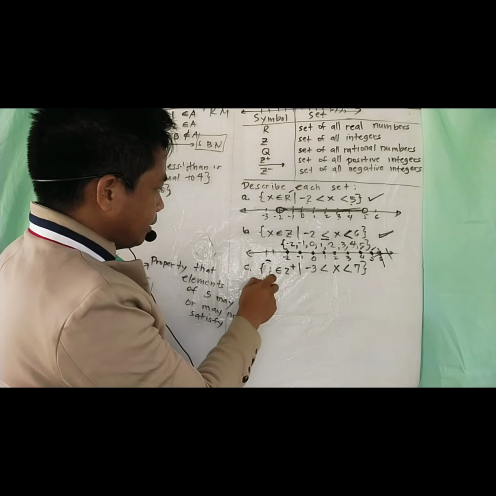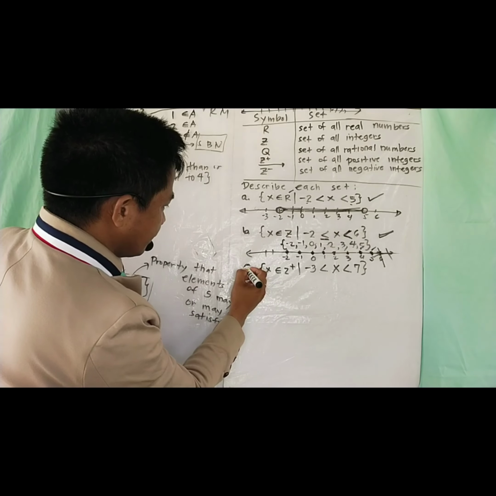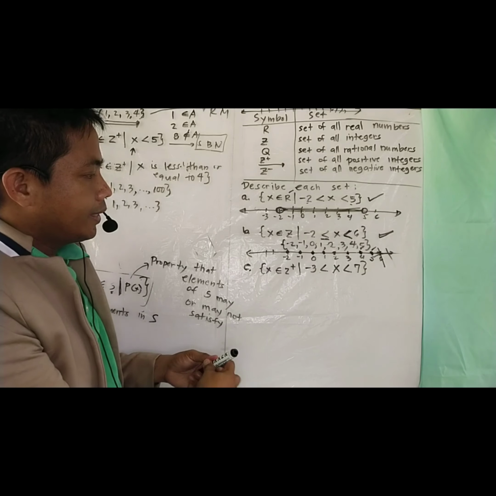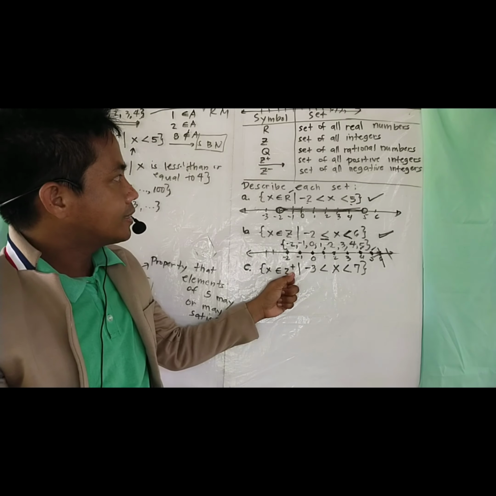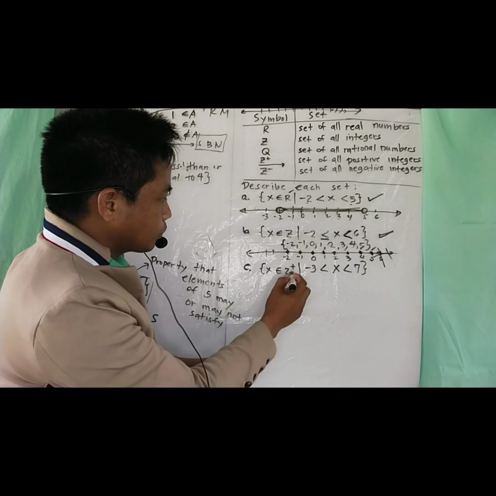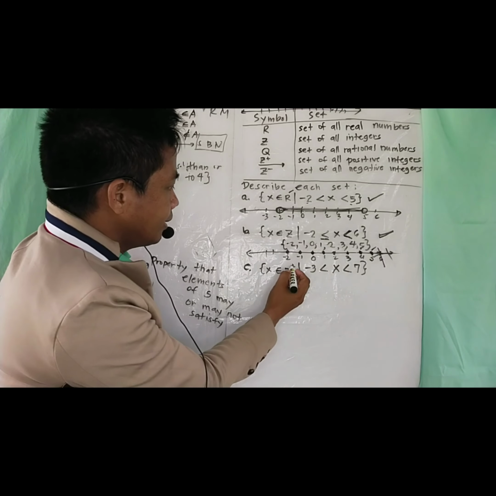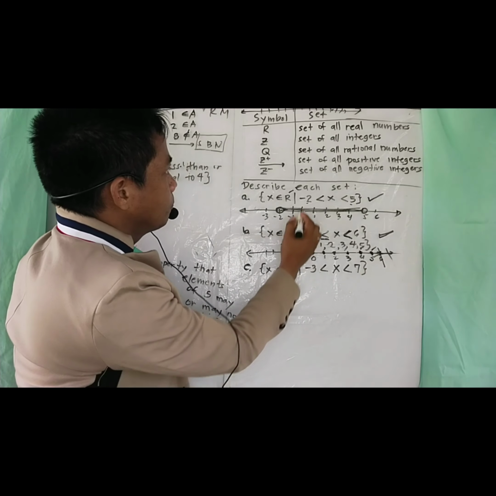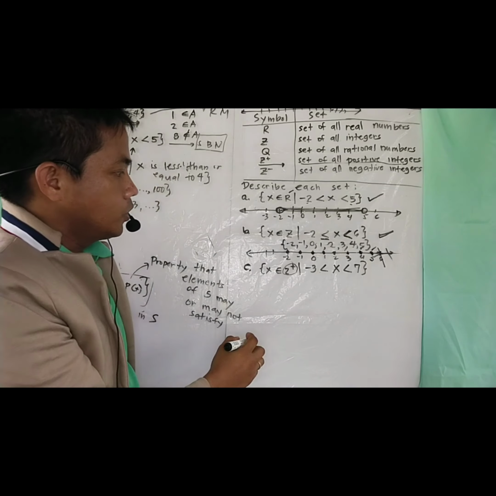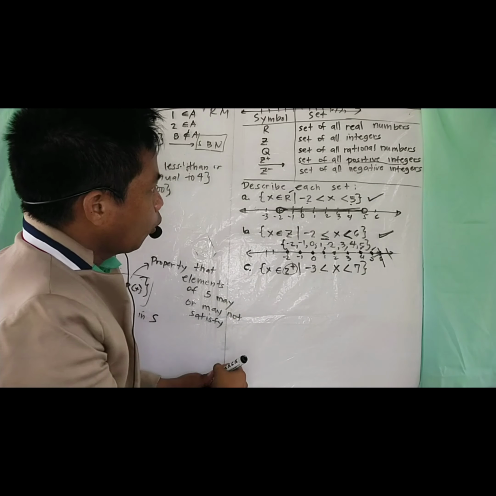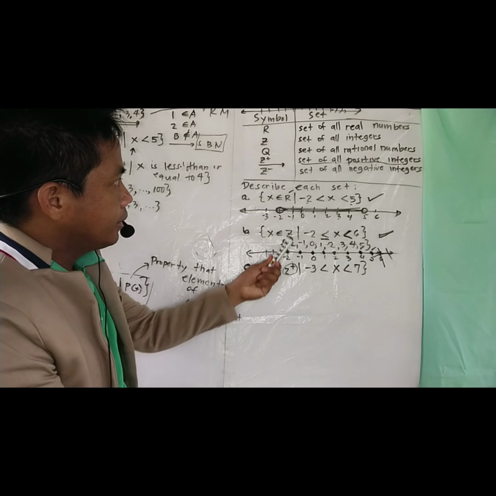Okay, so this one, let's have now letter C. Letter C, we have the set of all x as an element of the positive integers. We have Z with exponent plus. This one is the special name for the set of all positive integers. So what are the positive integers?